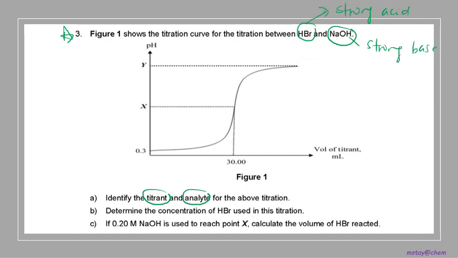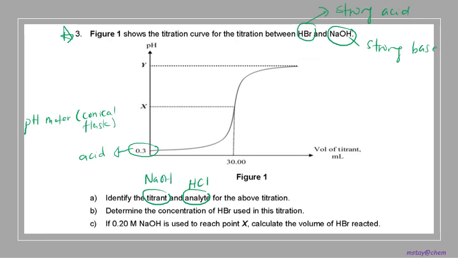Based on this question, because the pH value starts at 0.3, which refers to acid, and we know that if we want to measure the pH value, we will place the pH meter in the conical flask. Therefore, the analyte for this titration is HBr, while the titrant will be the NaOH.